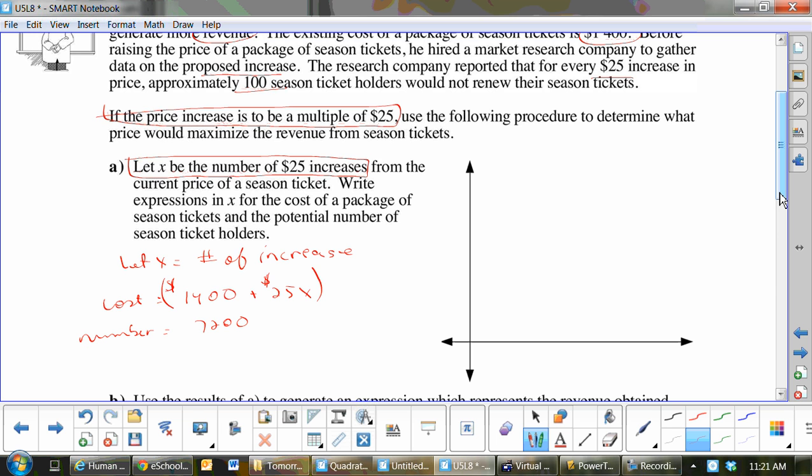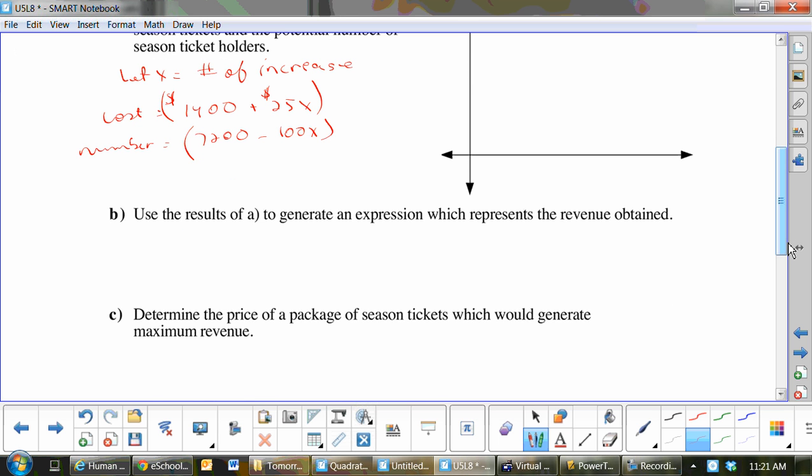So how am I going to write a formula for that? 7,200 minus 100x. Okay. This is how you're always going to set this up. Where when things change, it affects another variable, right? Affects the number of people coming.